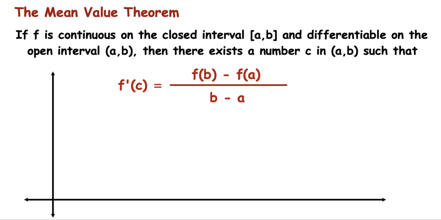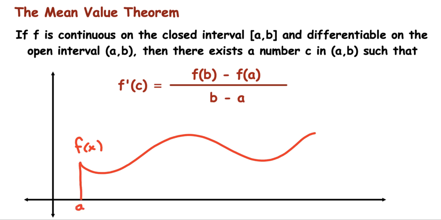So basically, if you have a function, we'll call it f of x, looks like that. And let's say you start at x equals a, and over here we'll end at x equals b. What you do is you take the overall slope between a and b. In other words, good old middle school slope here, rise over run.